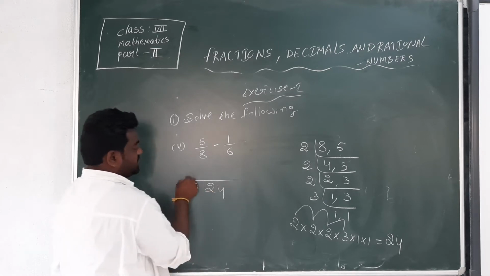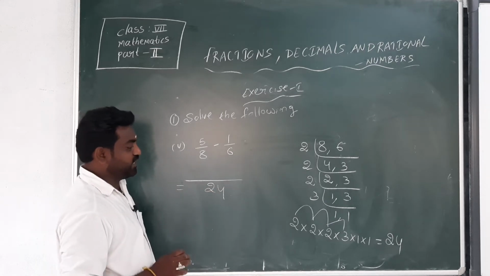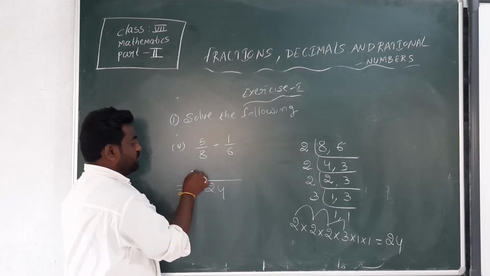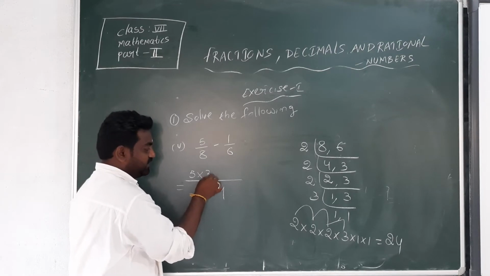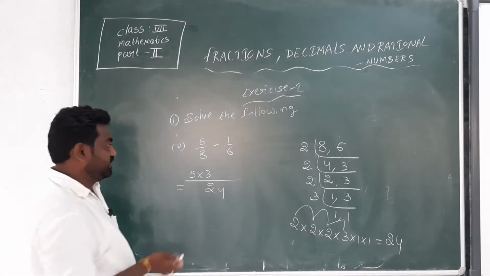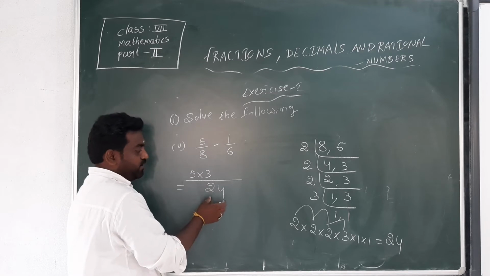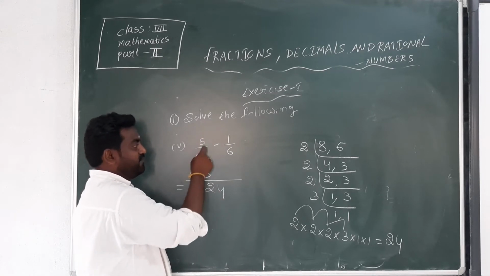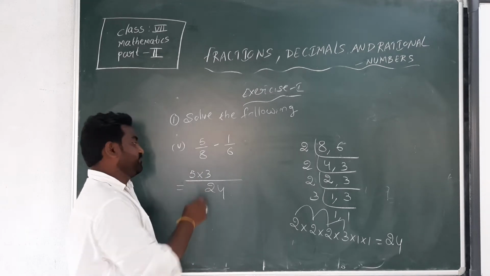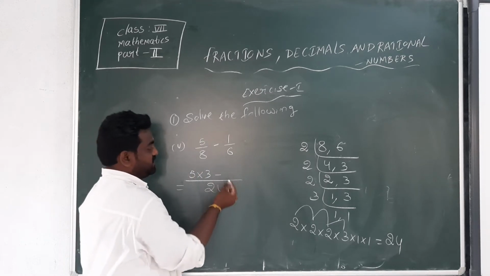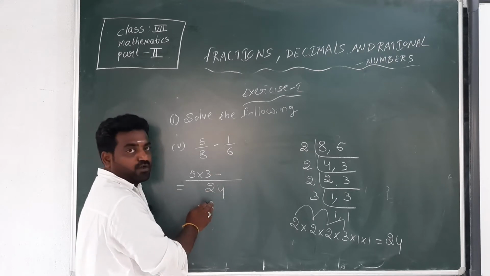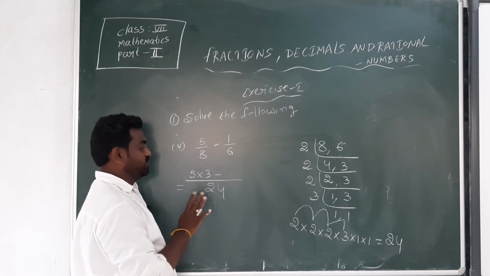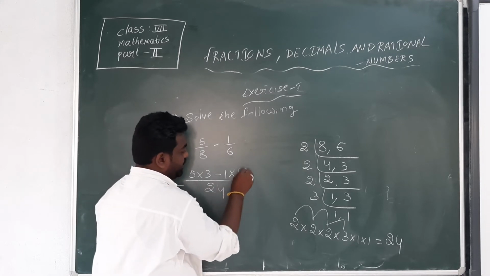24 is the LCM. 8 in 24, how many times? 3 times. So the numerator is multiplied by 3. 3 eights are 24, so we multiplied 5 by 3. 5 into 3 minus, 6 table in 24, how many times? 4 times, so 1 into 4.